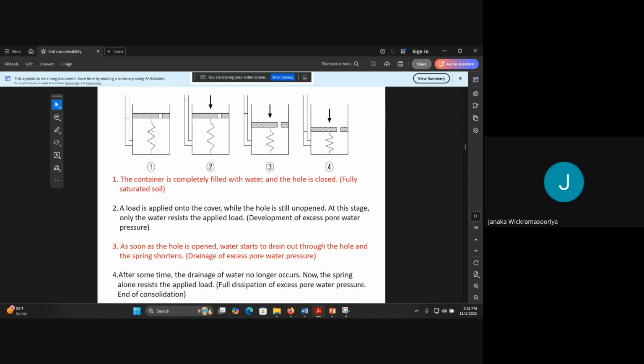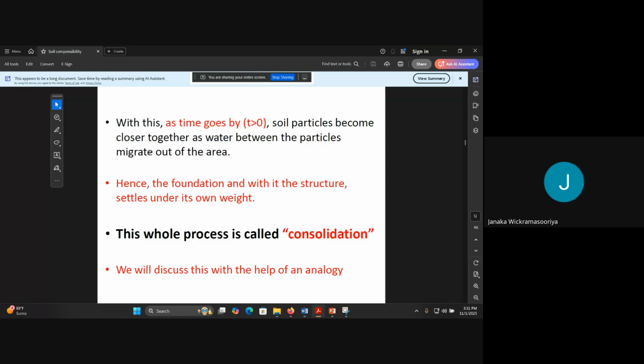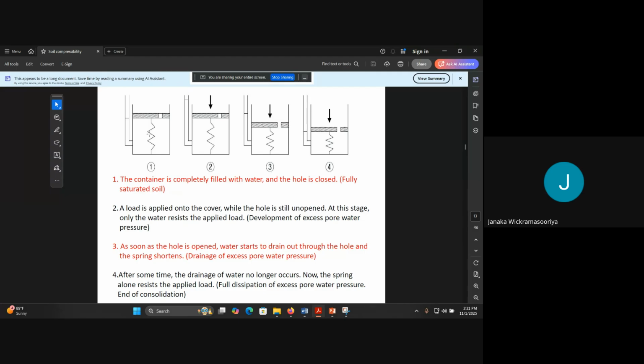This spring is considered as the dry soil particles, and water is just water. Right? The soil has water, soil, and air.